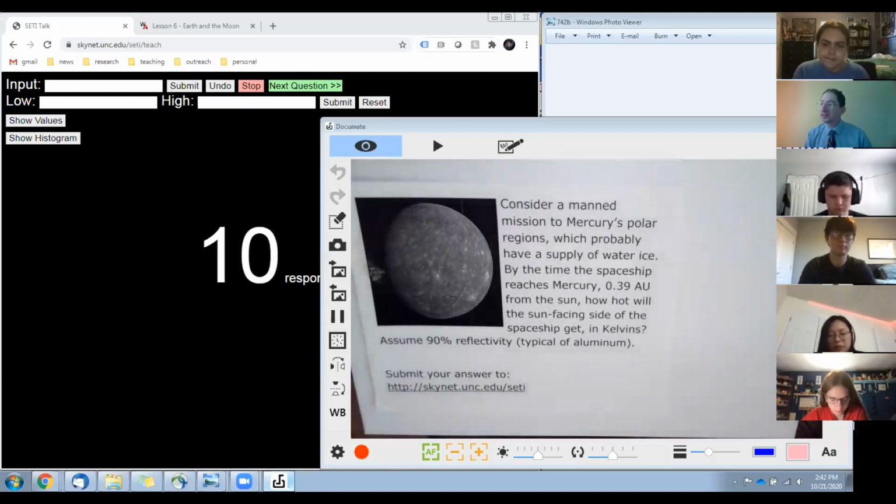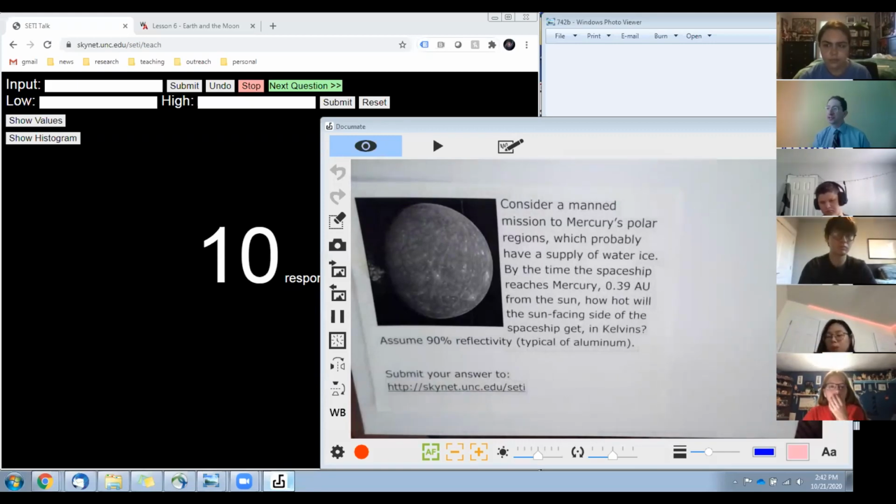Last time we spent some time talking about how you calculate the temperature of a world. And I said it applies to anything: a planet, a moon, an asteroid, a speck of dust, and it can also apply to a spaceship.